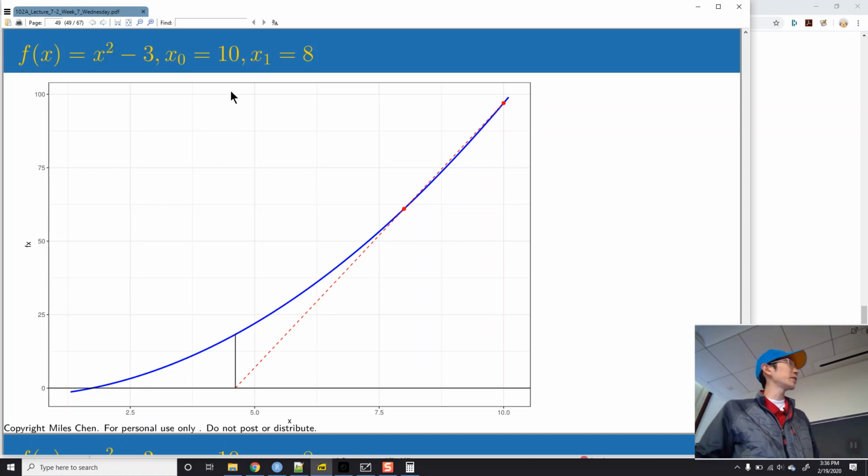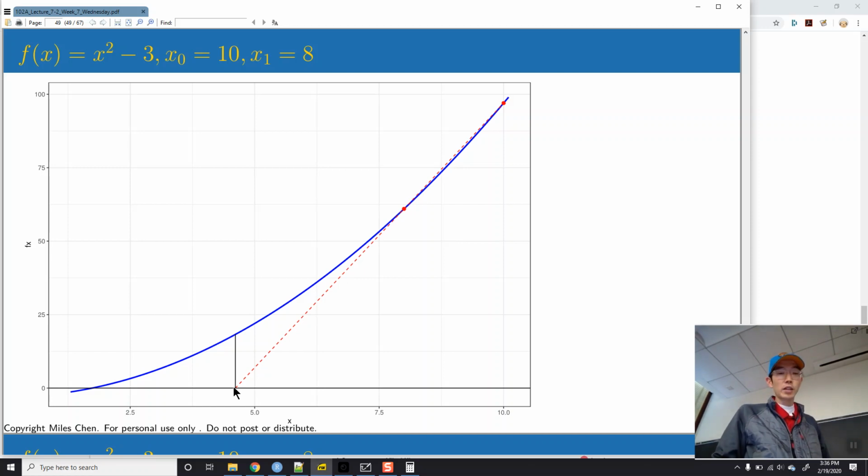Here is our same problem, x squared minus 3. We start off at arbitrary locations, 10 and 8. Here is the value of the function at 10, and here's the value of the function at 8. I draw a straight line that connects them and trace that line down until it reaches the x-axis.